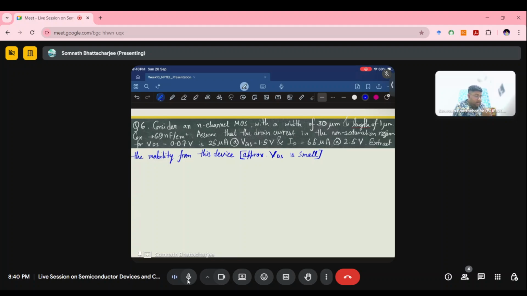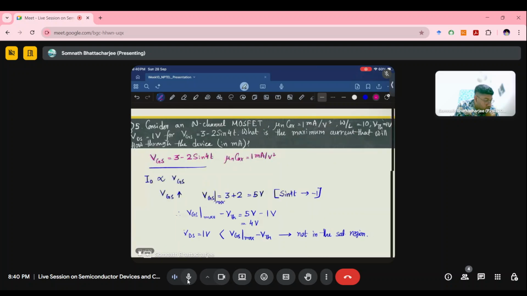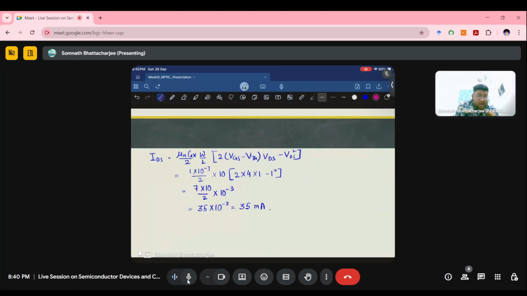We have already done a similar kind of problem previously. So for a small VDS, we know that ID is nothing but mu n Cox W by L times (VGS minus VTH) times VDS, because this VDS square term will be very, very small.